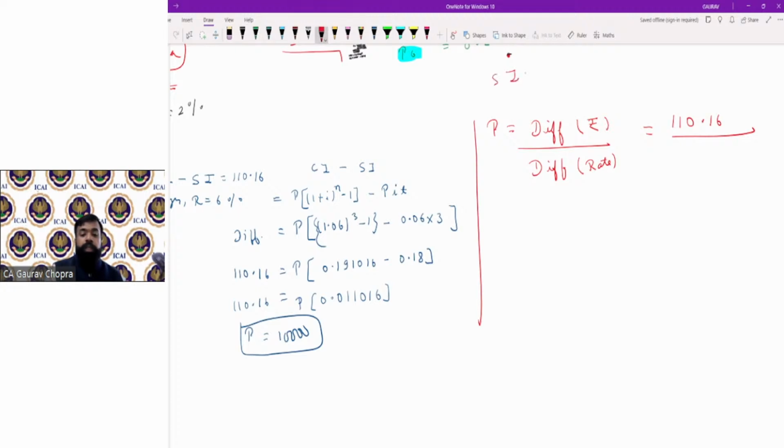So simple interest in 3 years will be 6 into 3, that is 18%.